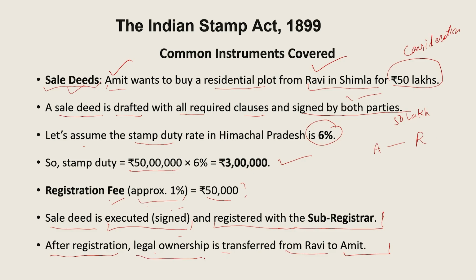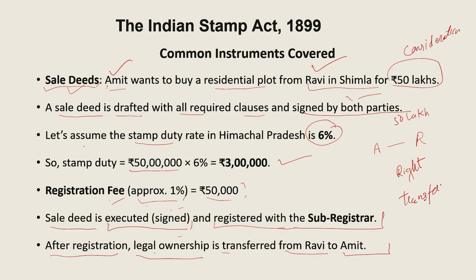So legal ownership is transferred from Ravi to Amit, because he bought the plot. So what does it mean? That here the right on the property is created and there is a transfer of property.